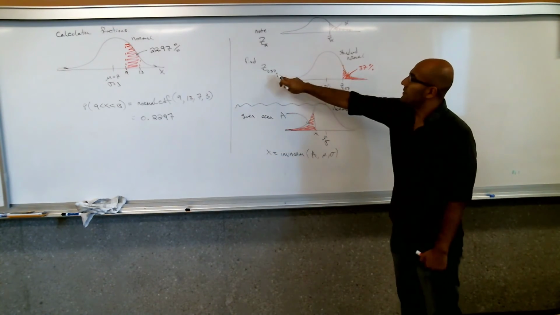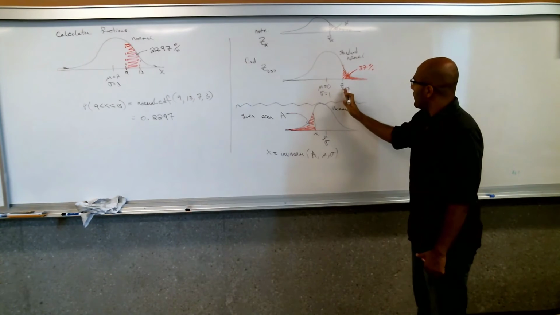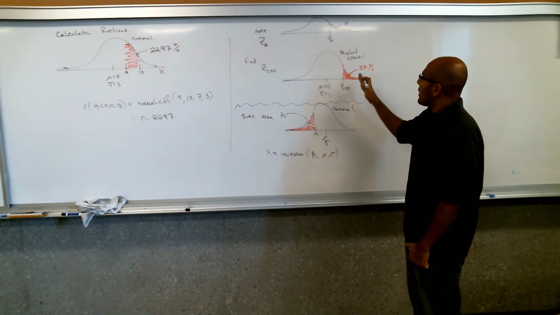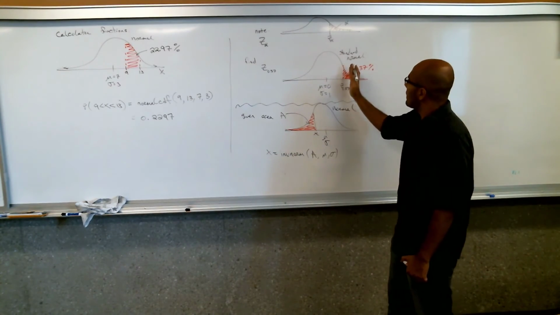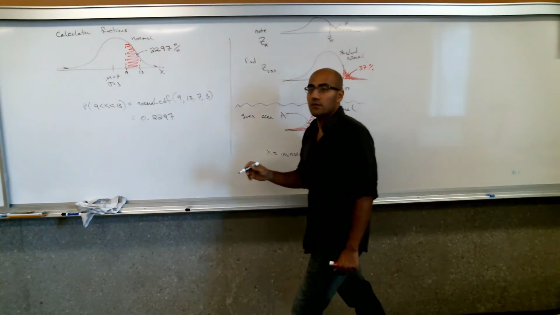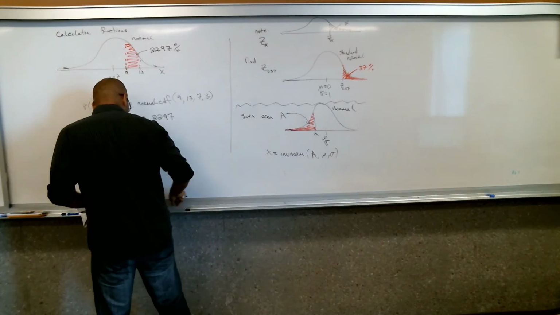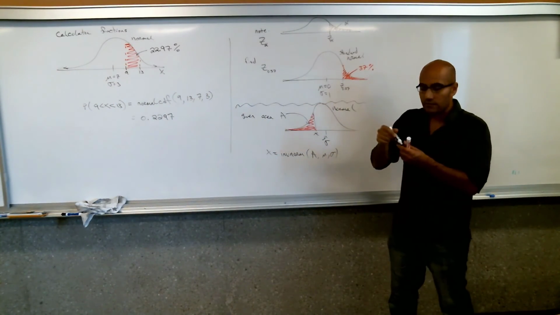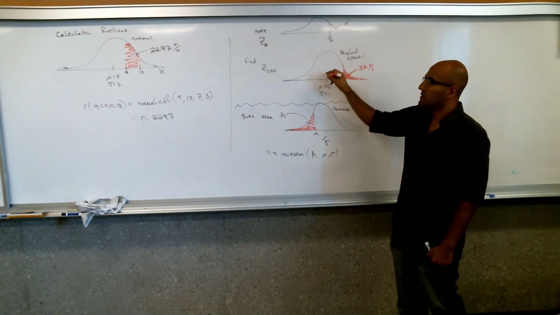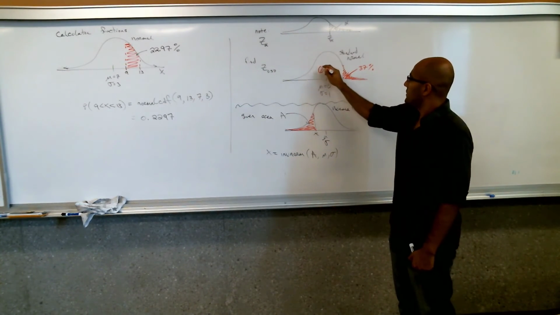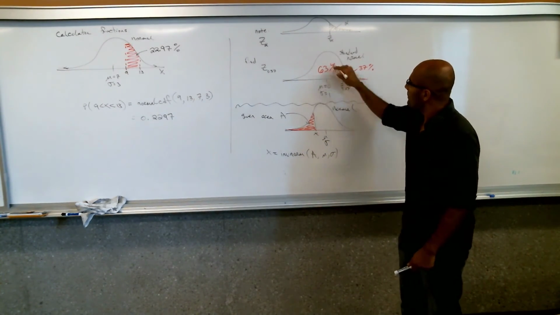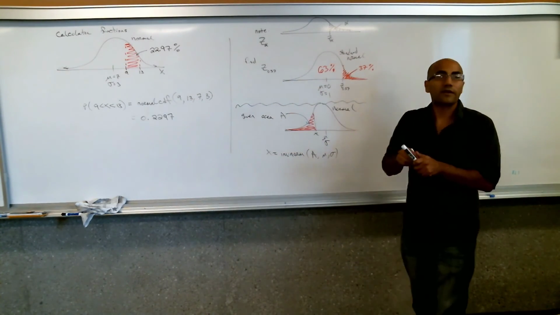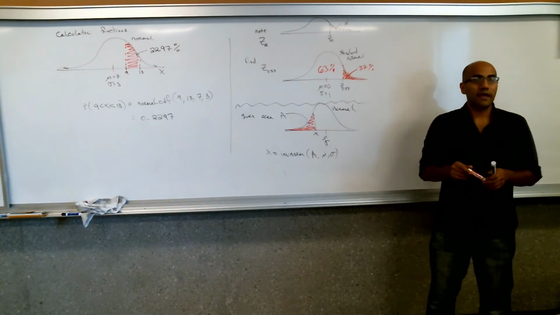So going back to this question, what is the number that traps the top 37%? That's the same thing as asking for the number that traps the lowest what? This is the top 37%, and the white negative space over here is 63%. I want the number that traps the lowest 63%. Remember, our calculator only works with areas to the left.